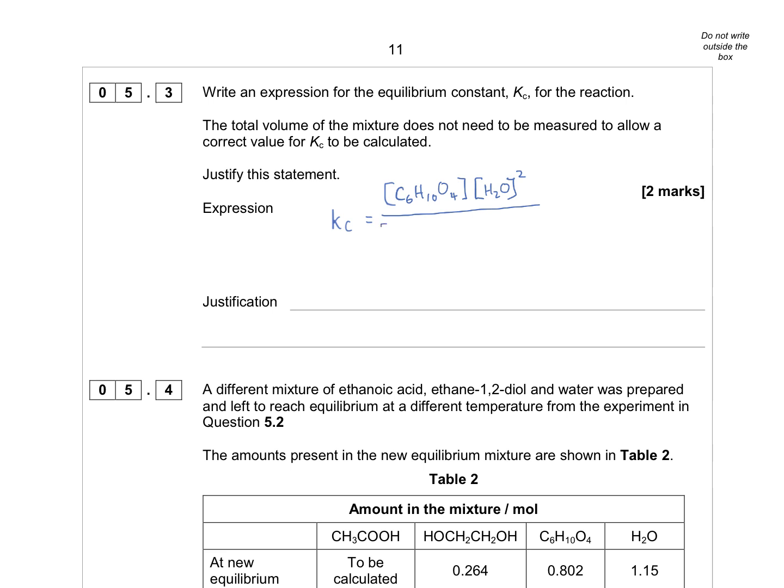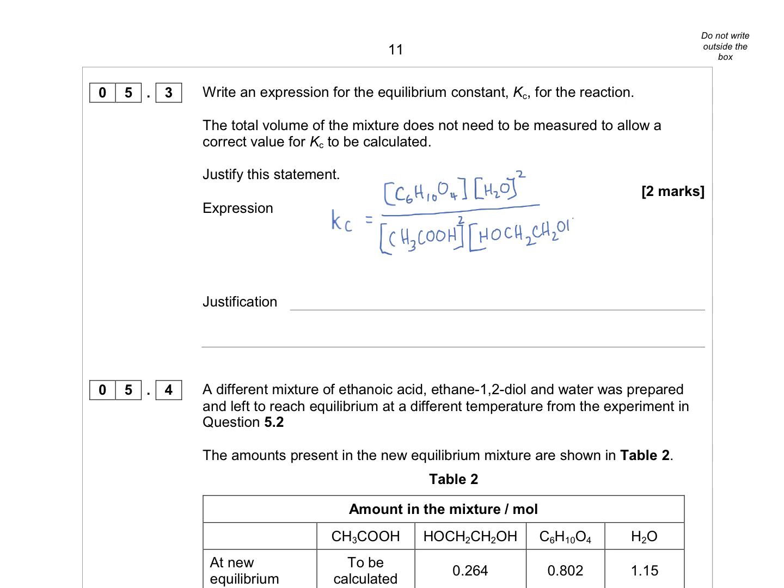Remember, because there's 2 moles of water produced, the water goes on the top squared. You could write the formula for the ester; you're not expected to draw the whole structure. So Kc: products on the top, reactants on the bottom, remembering to square anything that is 2 moles in the equation.